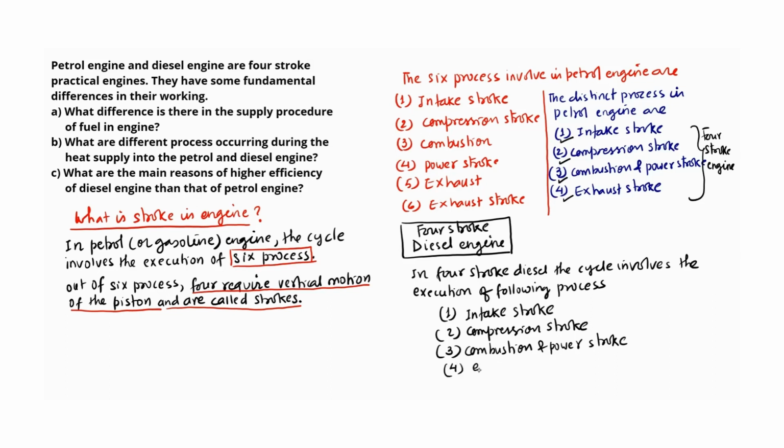Four, exhaust and exhaust stroke. So we have this. So these are the processes involved in the practical four-stroke diesel engine. So we have this. Clear?